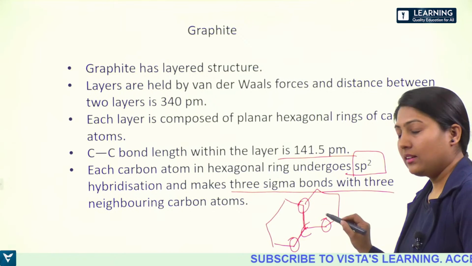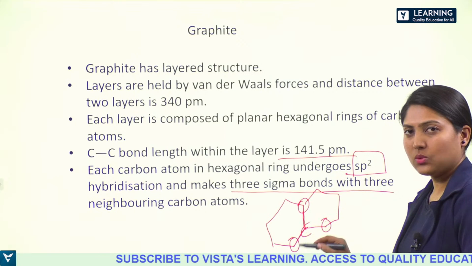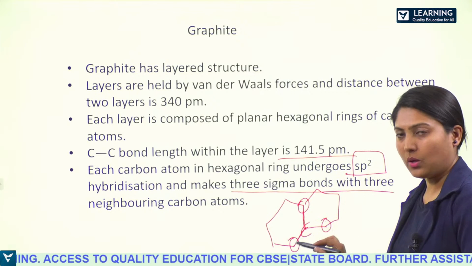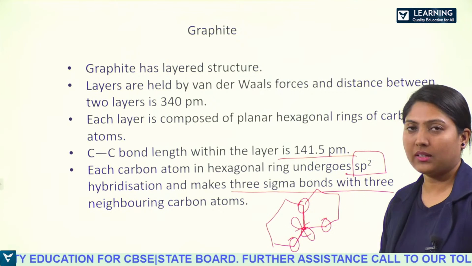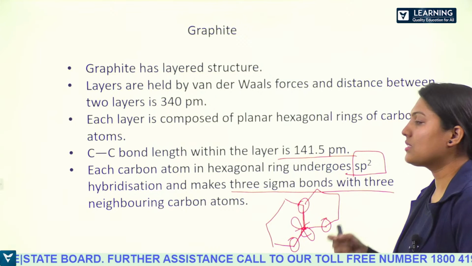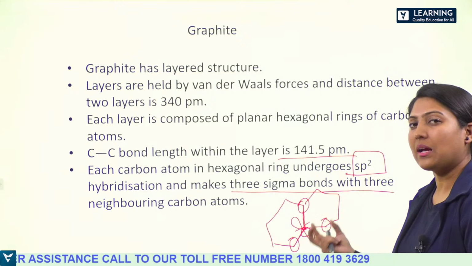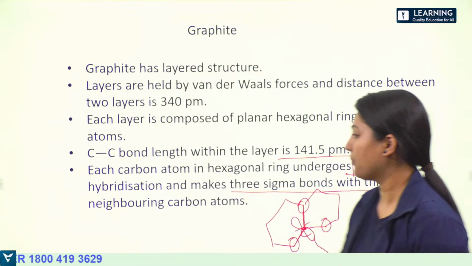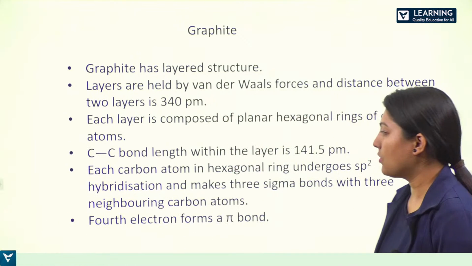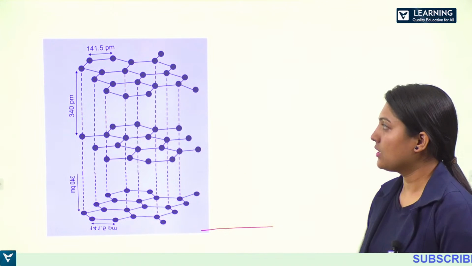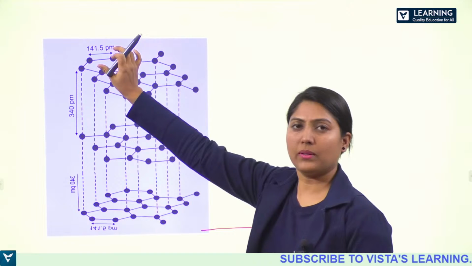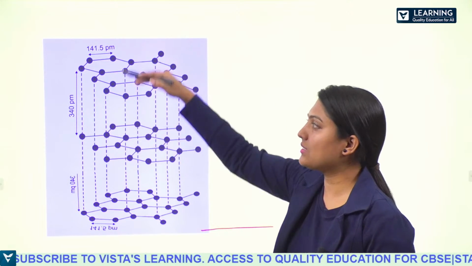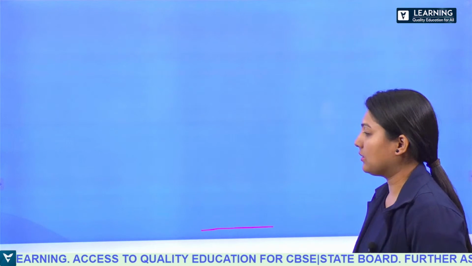One carbon will have 3 bonds with other adjacent carbon atoms, so 3 hybrid orbitals, whereas one more p orbital is present that is not undergoing hybridization, and it will have a weak van der Waals force with the other layer. The fourth electron forms a pi bond. So these are the layers where the bond between carbon-carbon atoms is 141.5 picometer, whereas the distance between the layers is 340 picometer.